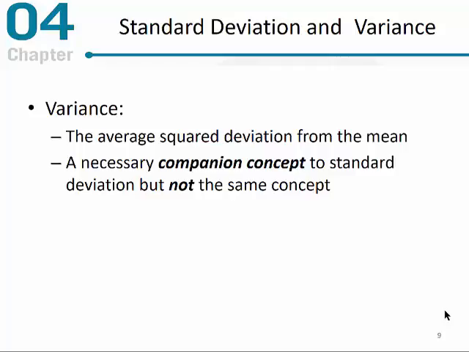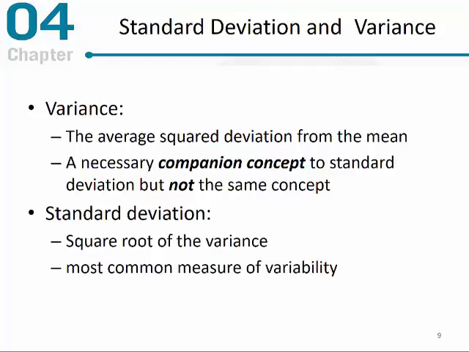So once you calculate the variance, it's really easy to get the standard deviation, but it's not the same concept. The standard deviation is just the square root of the variance and is the most common measure of variability. And both of them measure variability in interval ratio variables.